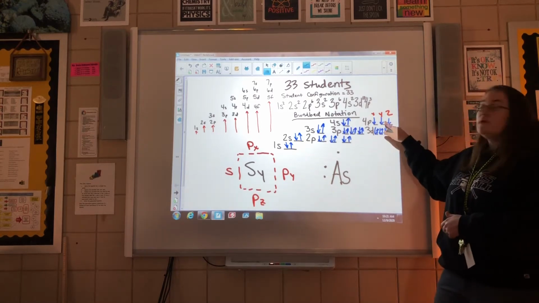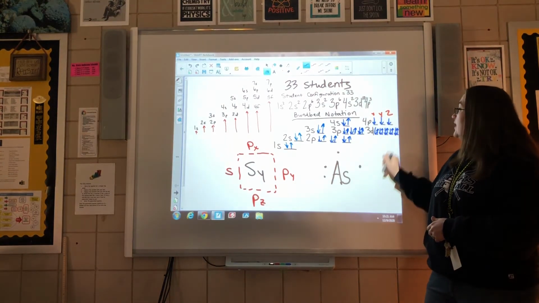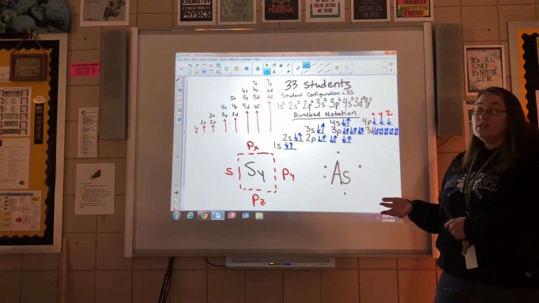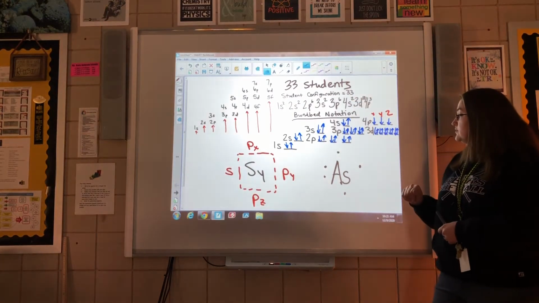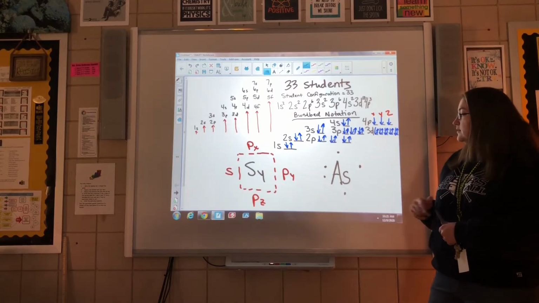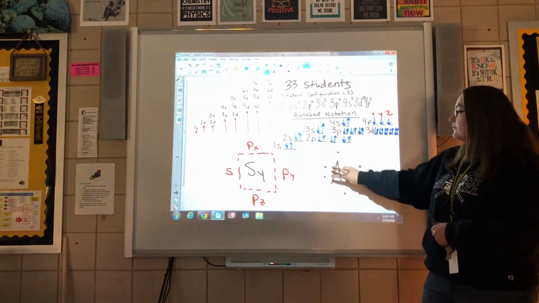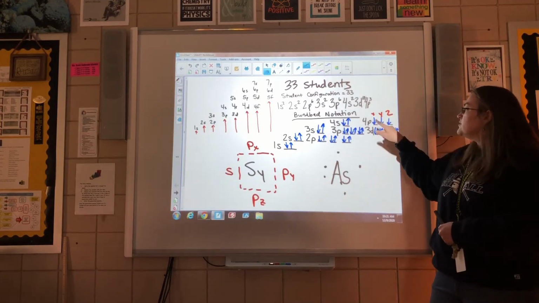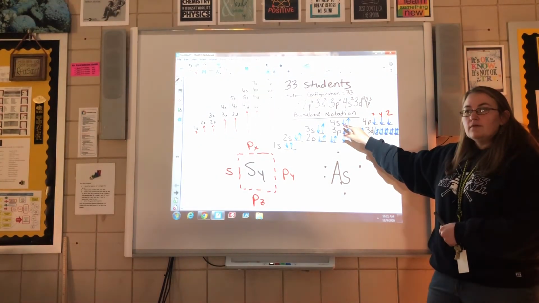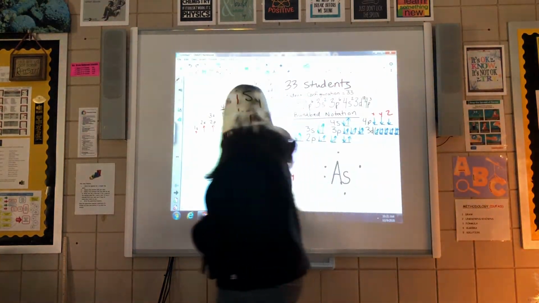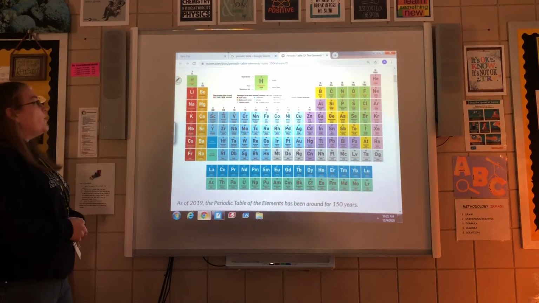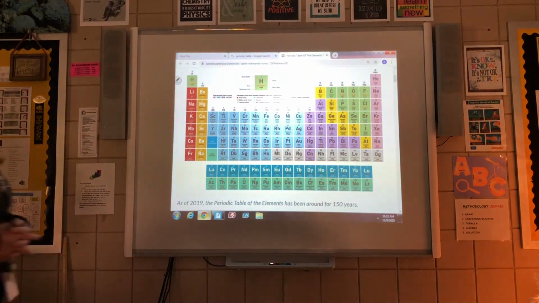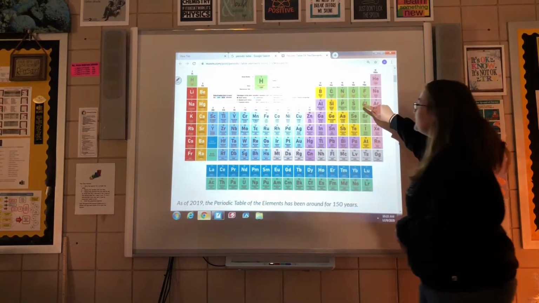How many are in the PY bunk bed? 1. So I'm going to put 1 here. And how many are in the PZ bunk bed? 1. So my configuration for if I have 33 students right here is arsenic, As, and I've got 2, 1, 1, and 1. Now what is my floor here? 4th floor. What period of the periodic table is arsenic on? The 4th. 1, 2, 3, 4.